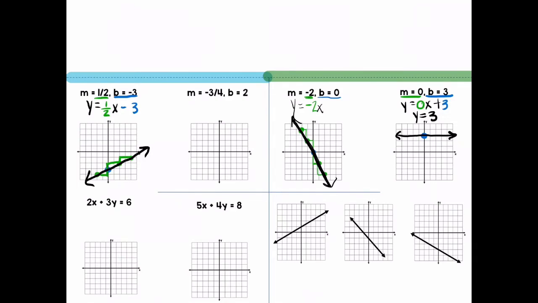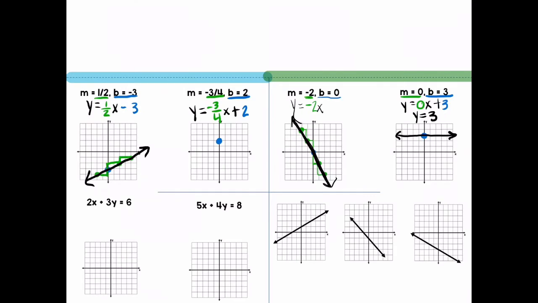Okay, so now this next one, m is -3/4, and b is 2. So my equation is y equals -3/4 x plus 2. I'm going to start on 2. Now remember, my slope is negative, so it should be going down. It should not be rising.